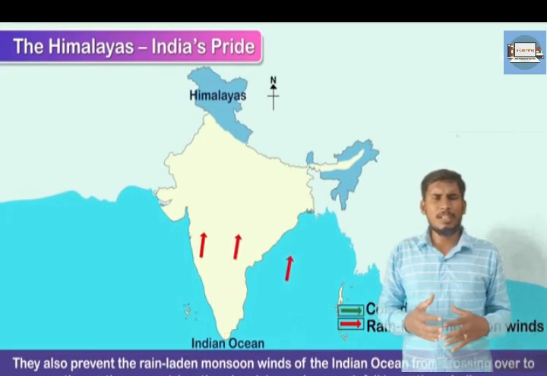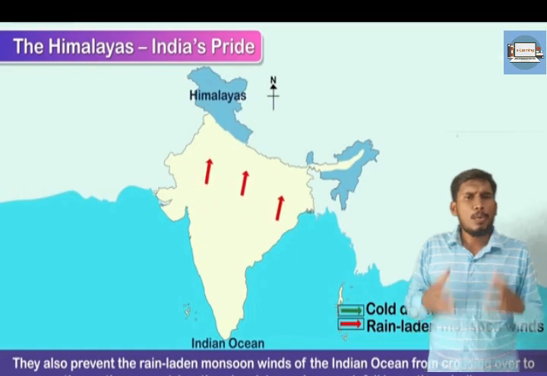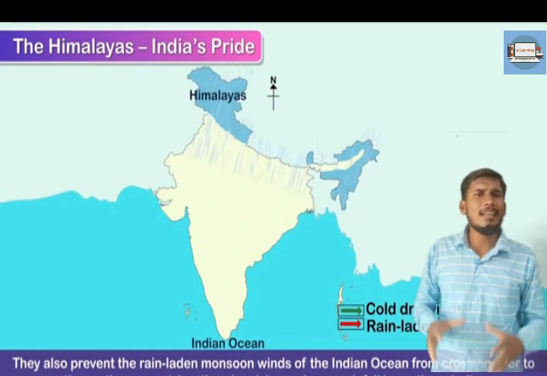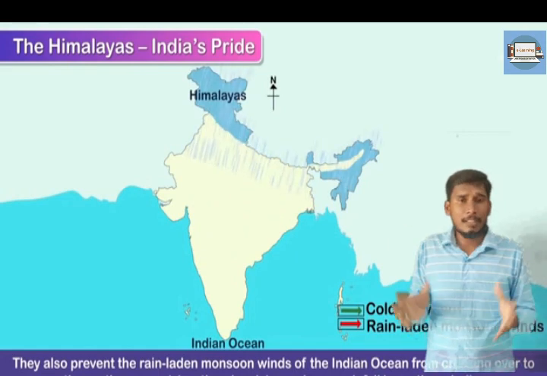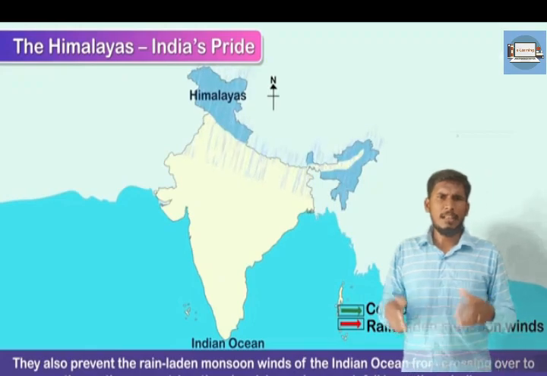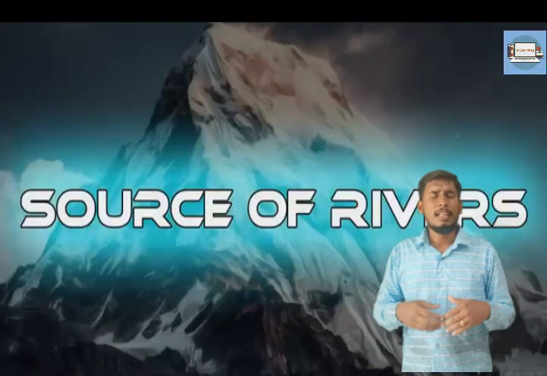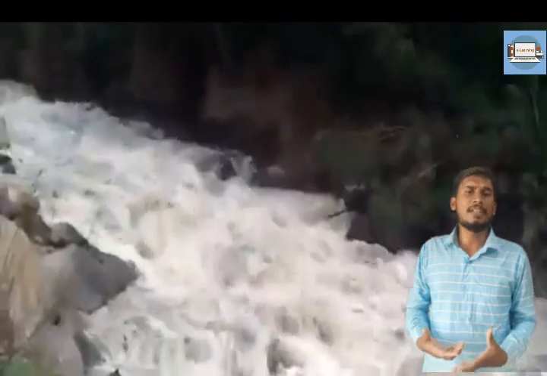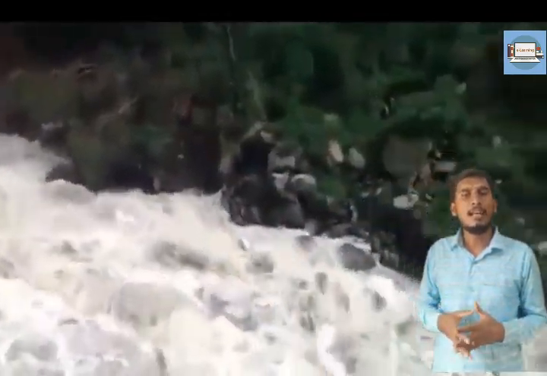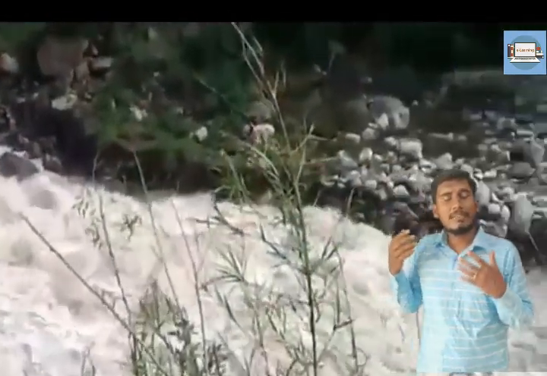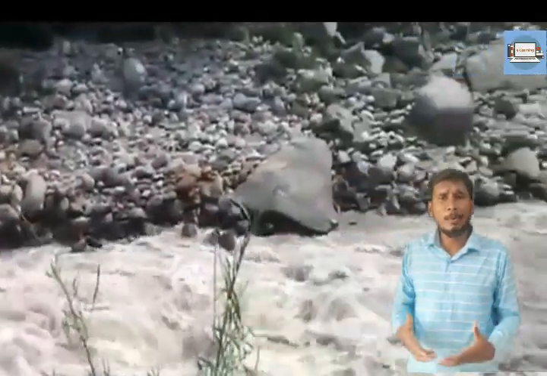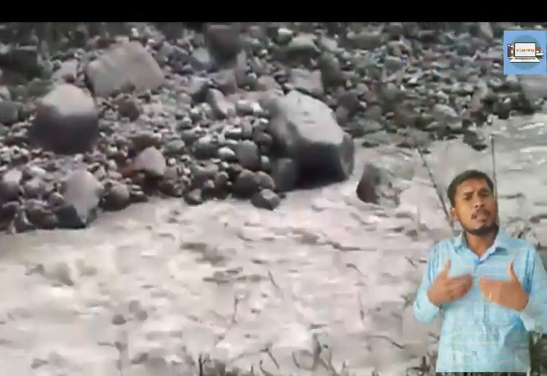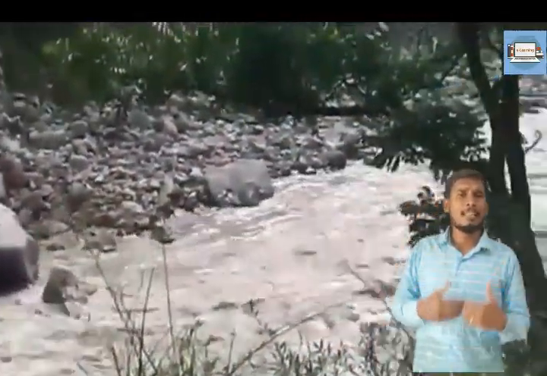it stops the monsoon winds and provides heavy rainfall in the northern ranges. Through this heavy rain, you can see ever-flowing rivers in the Himalayan ranges, as we have studied already: the Ganga, Yamuna and Brahmaputra are part of the Himalayan ranges.